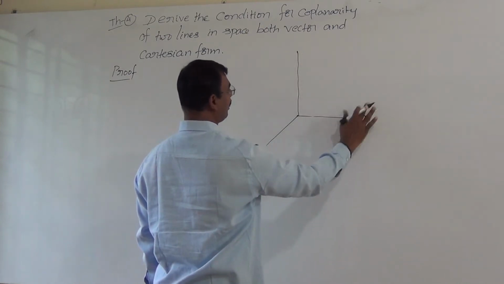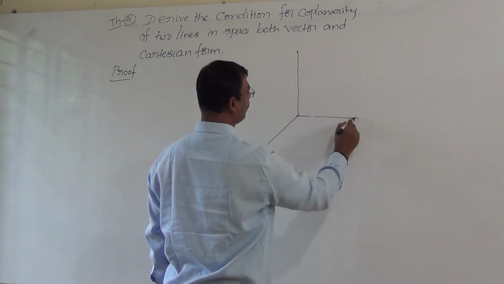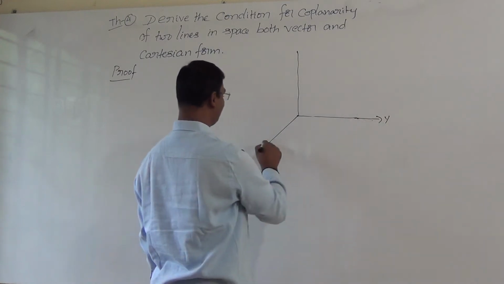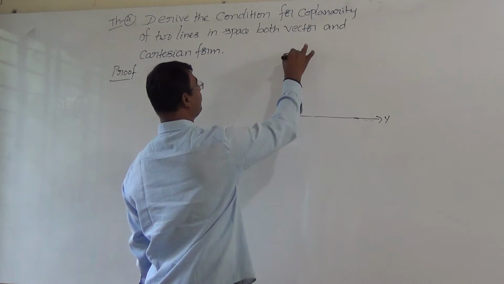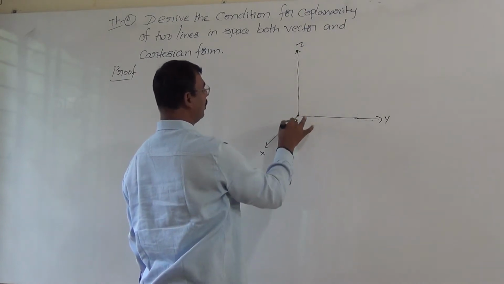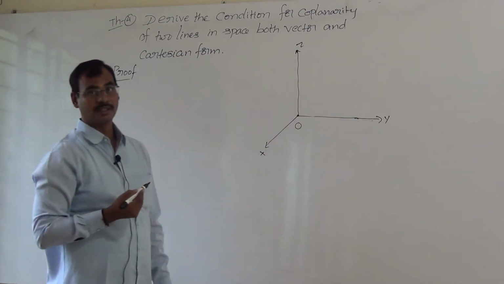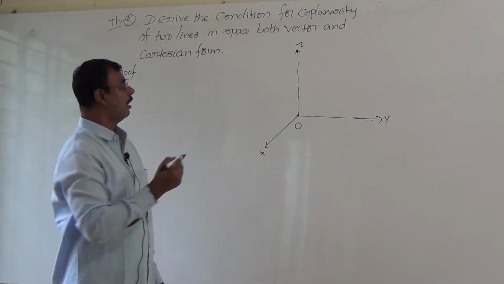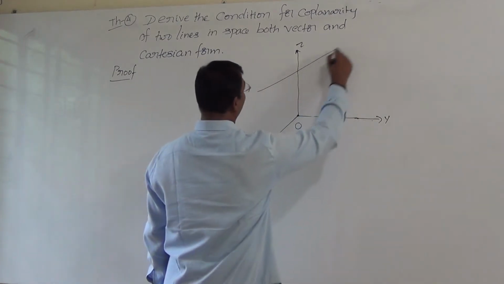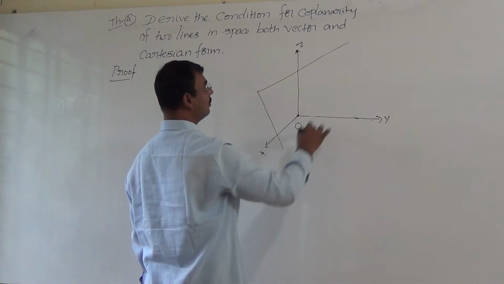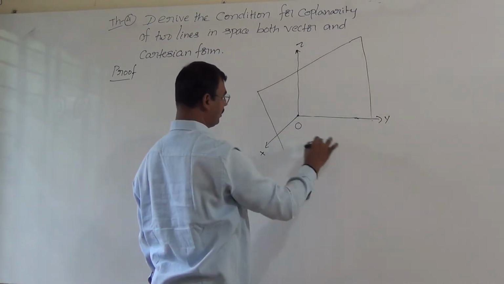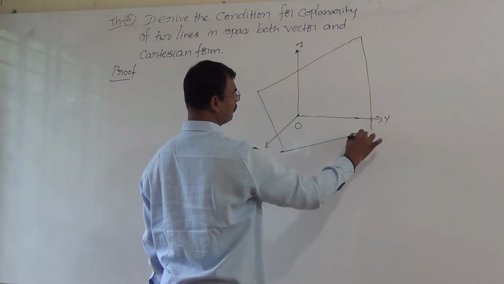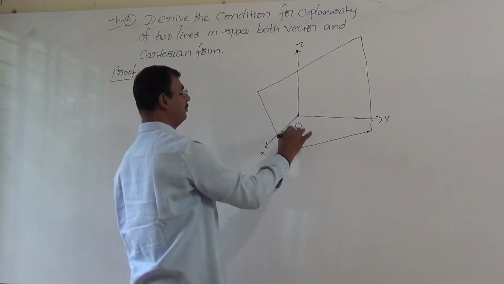The x-axis we can take here, generally y-axis, x-axis, z-axis. Let O be the origin. Now let us take a plane. Plane is nothing but a surface. We have to take the surface like this. This is denoted by the letter pi.